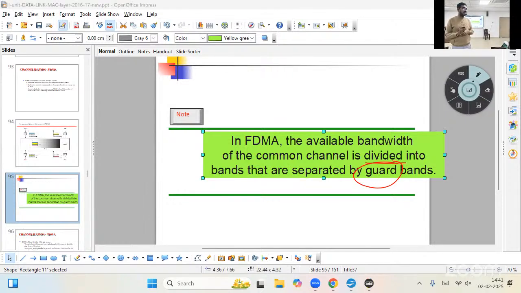If there is a mixed, combined frequency, the noise will come. So to avoid that problem, we allocate a guard band. What is between one house and another? A wall. Similarly, between one user and another user, we allocate some frequency. That is the guard frequency.